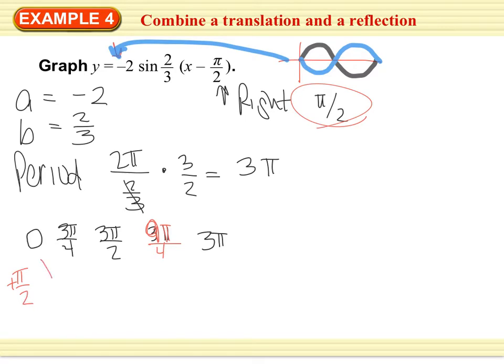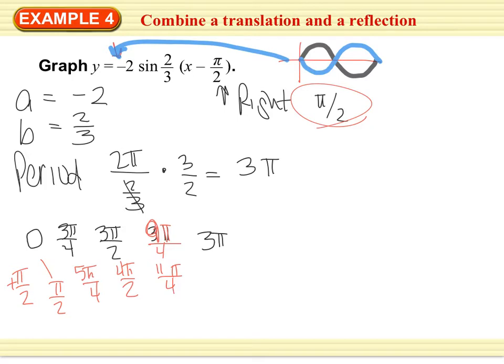So that first point is going to be π/2, and then 3π/4 plus π/2 is 5π/4. 3π/2 plus π/2 is going to be 4π/2. 9π/4 plus π/2 is 11π/4.